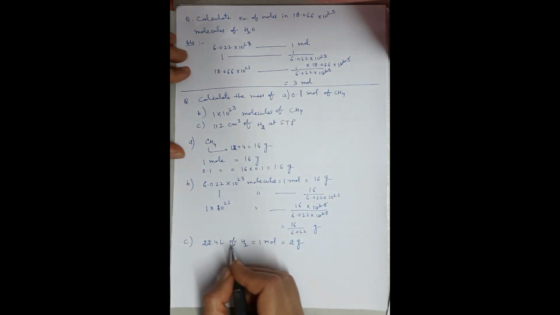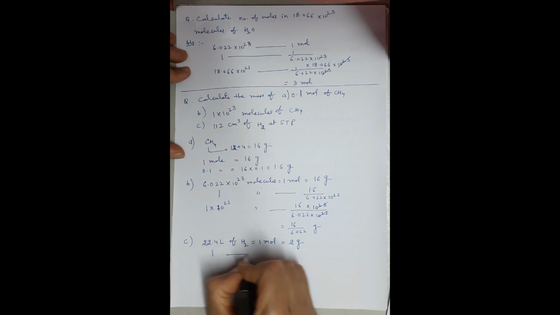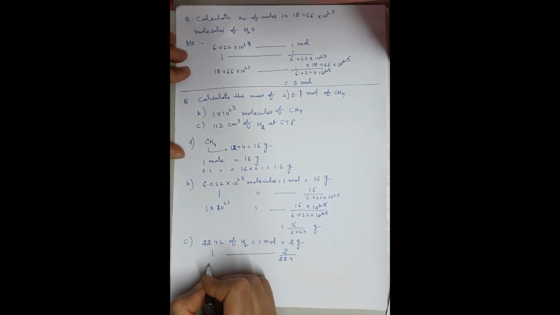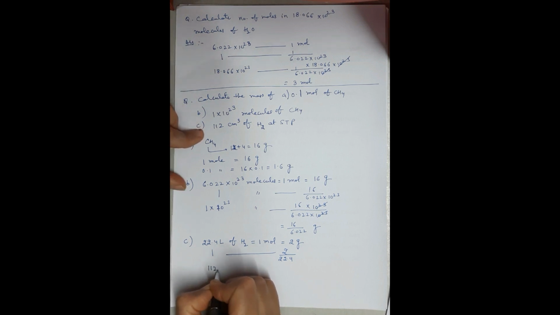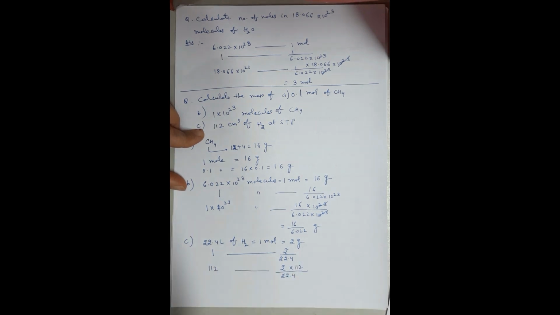So finally we'll convert it into mass, and 1 liter is equal to 2 by 22.4 gram, and we need to find out for 112. So you'll get 2 divided by 22.4 into 112. So you can calculate these many grams you will get.